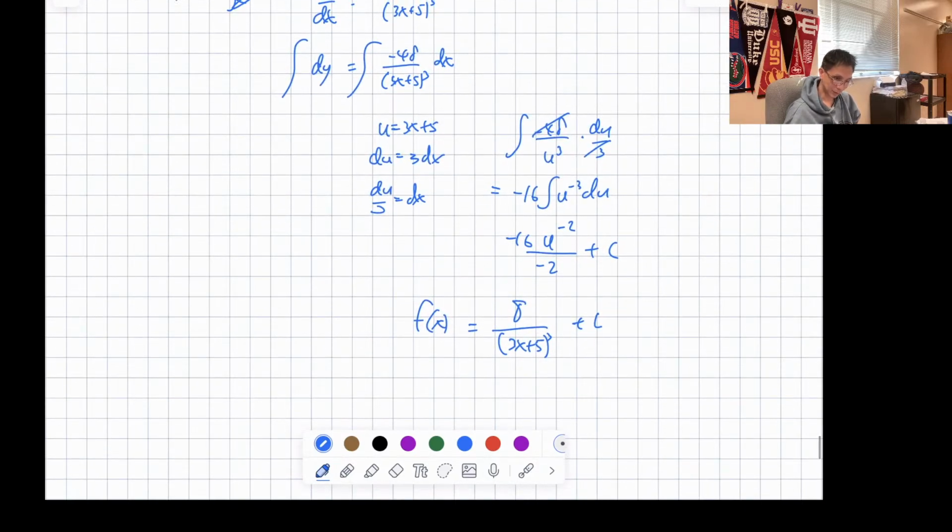Is it good? Did I make a mistake? To the second, right? Okay, so now I'm going to plug in 3 and then plug in negative 1. So that is going to be negative 1 squared plus c.